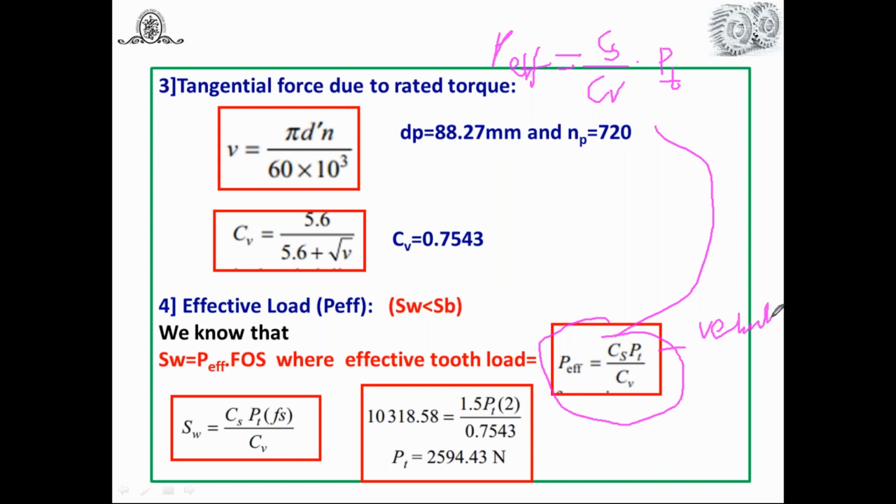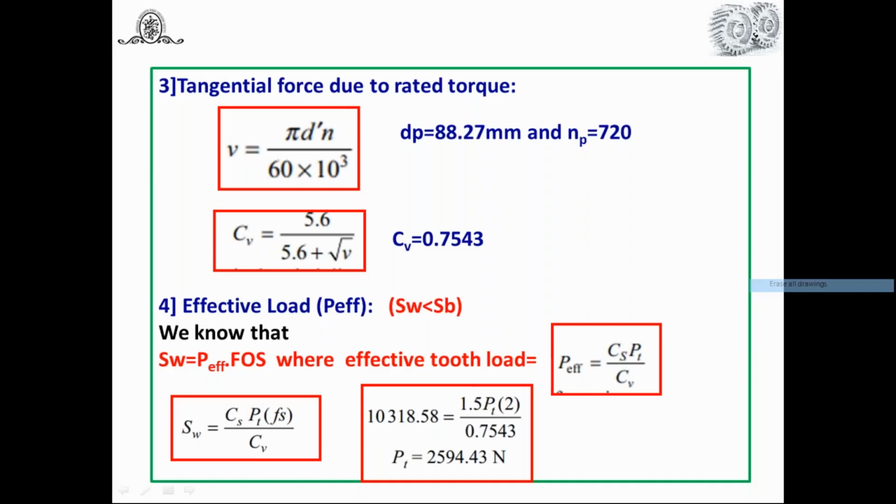In preliminary stages of design, this is how to account for the dynamic load using the velocity factor. Therefore, we have to calculate CV first. We calculate P effective, then we will get PT, and once you have PT, you can find out MT, and once you have MT, you can find out the power.